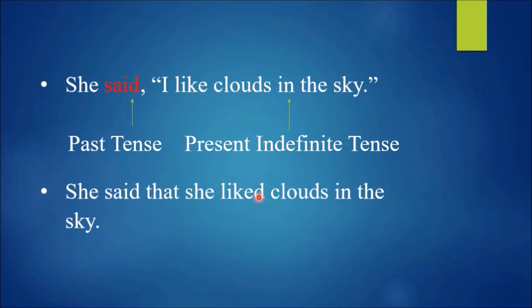As we have just learnt, if there is past tense in the reporting speech and there is present indefinite in the reported speech, it will be changed into past indefinite. So that's why we have changed the verb into past tense. So she said that she liked clouds in the sky.